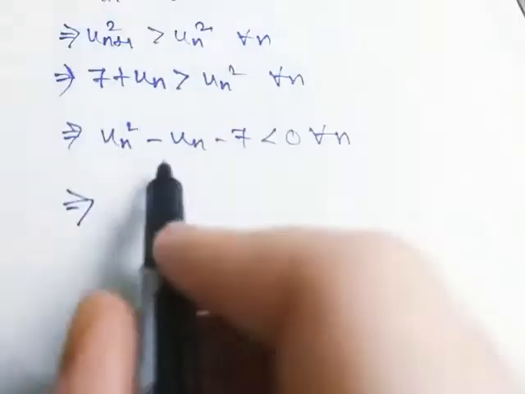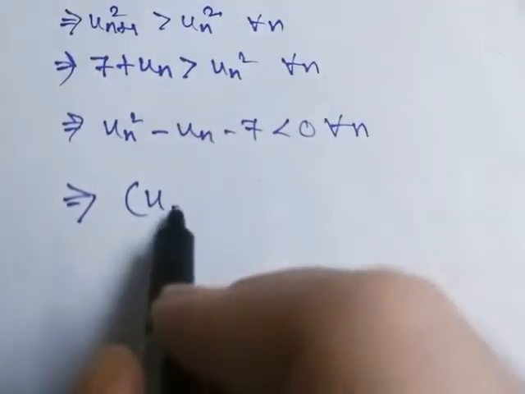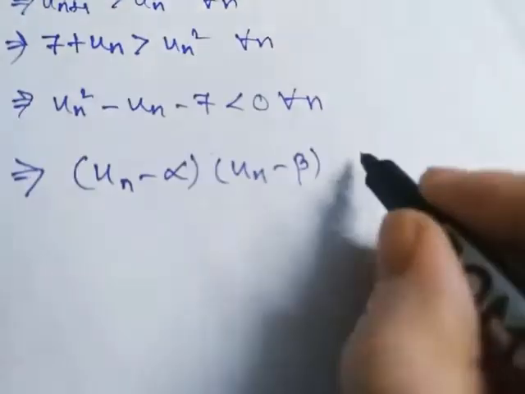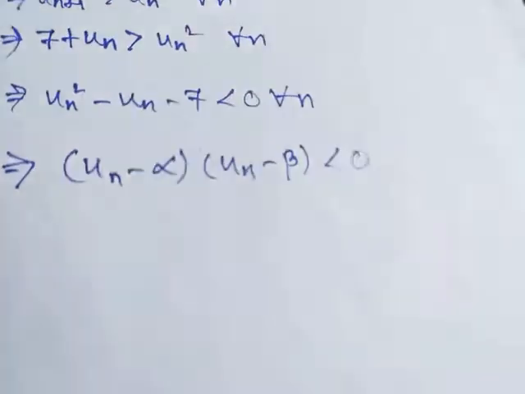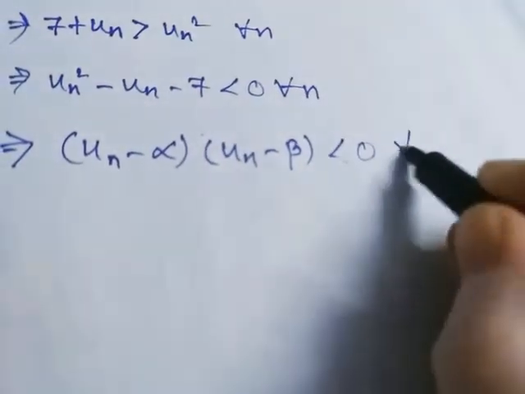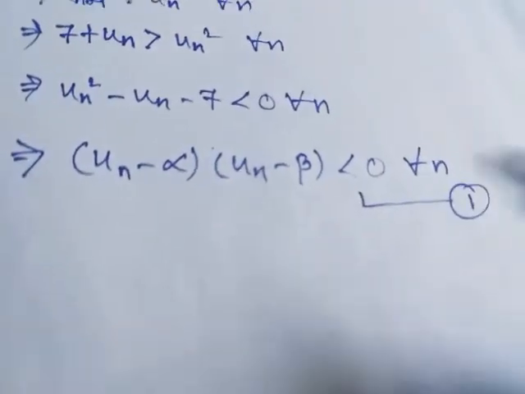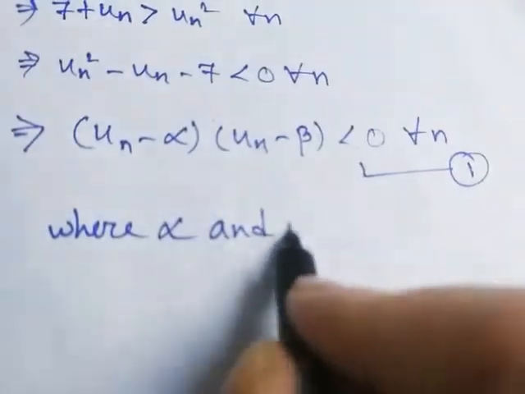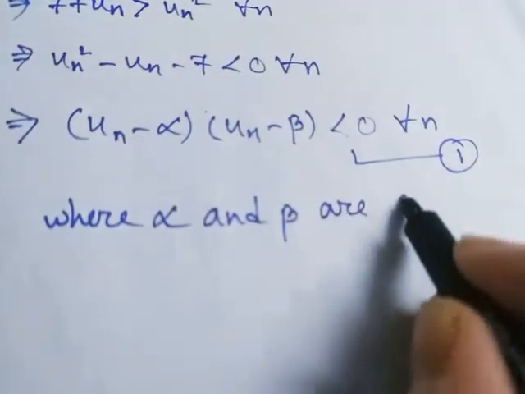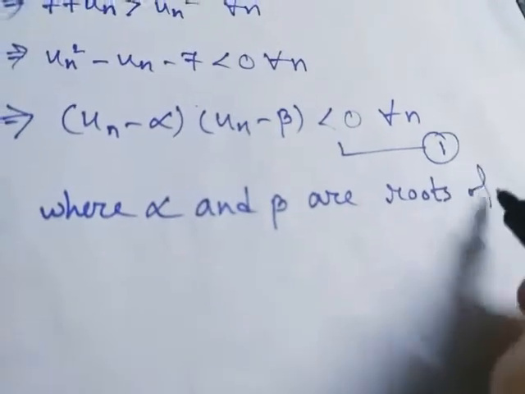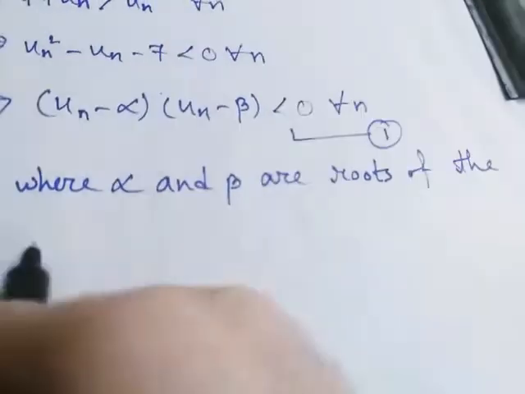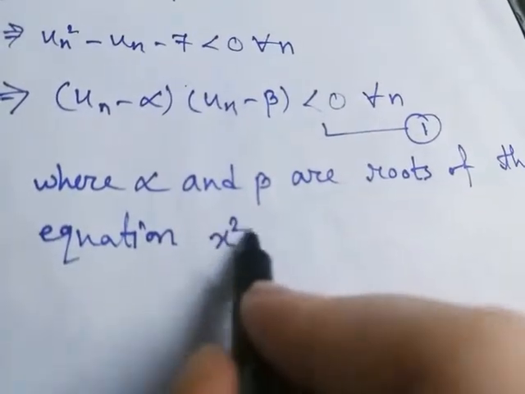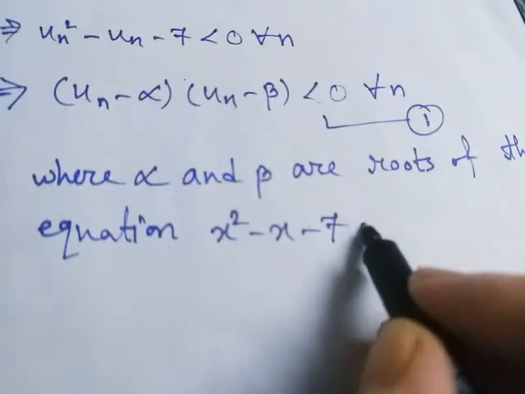We can write it as (u_n - α)(u_n - β) < 0 for all n. We name it 1, where α and β are the roots of the equation x² - x - 7 = 0.